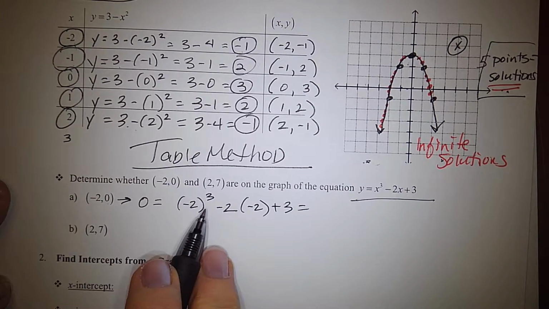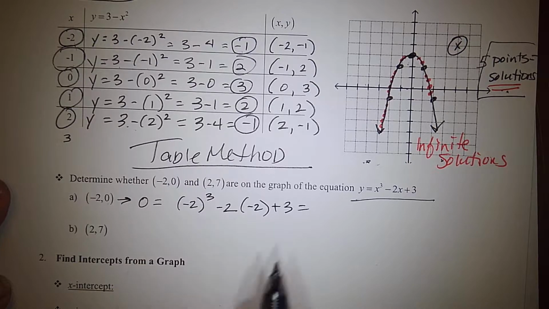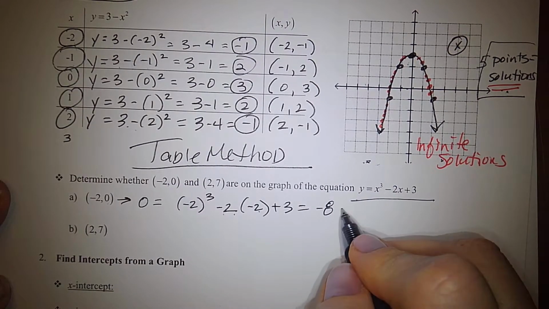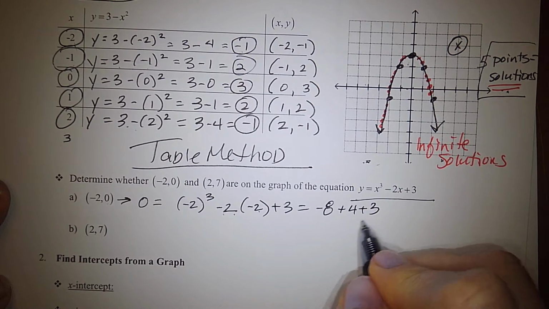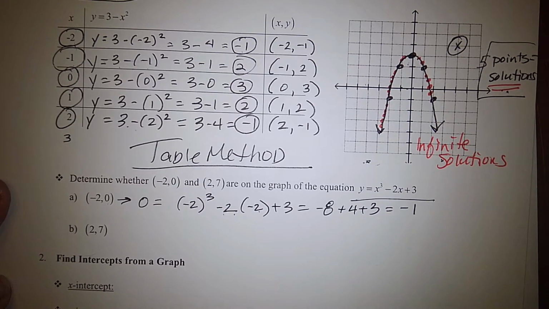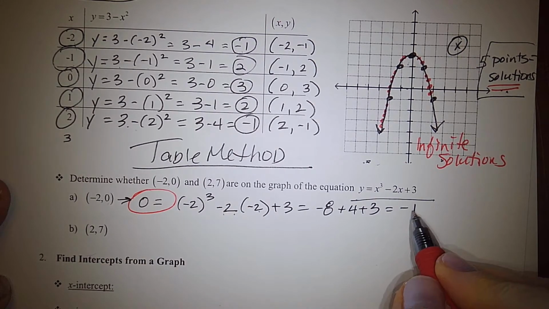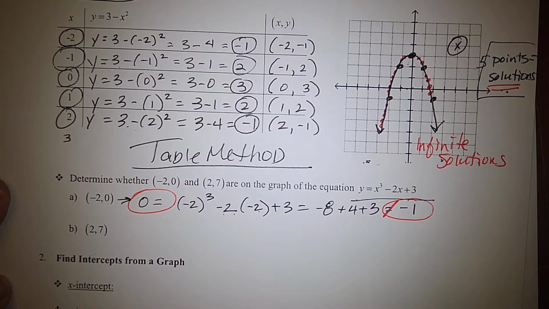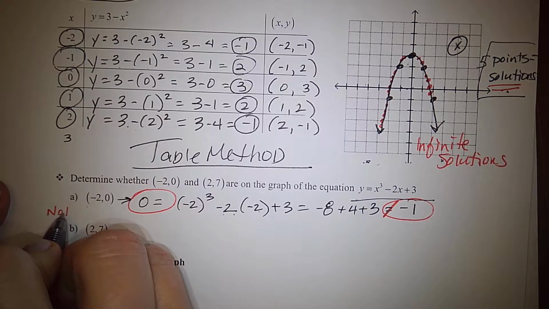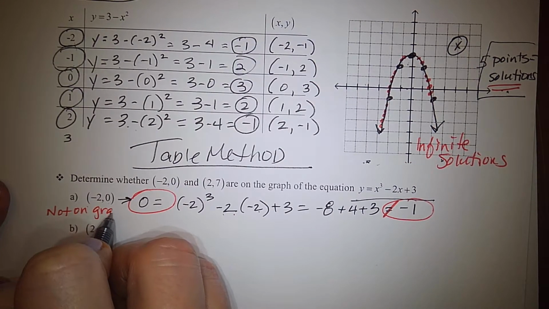When we add all this together, (-2) to the third power is -8. -2 times -2 is +4. And when I add all of that together, you get -1. And you can see that 0 is definitely not equal to -1. So that means this point is not on the graph.